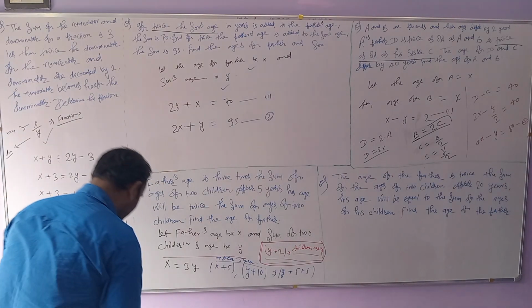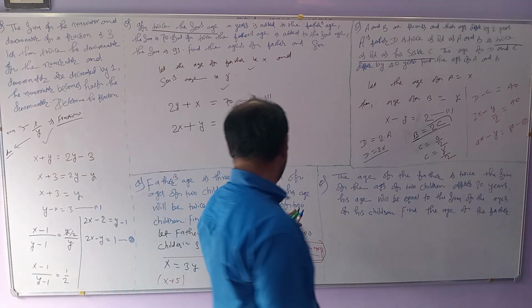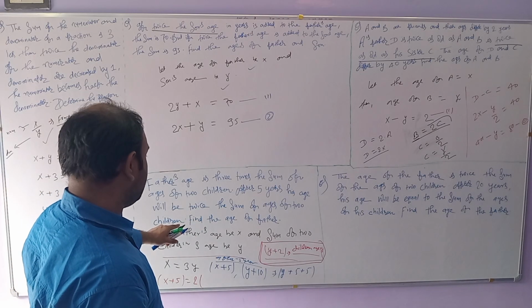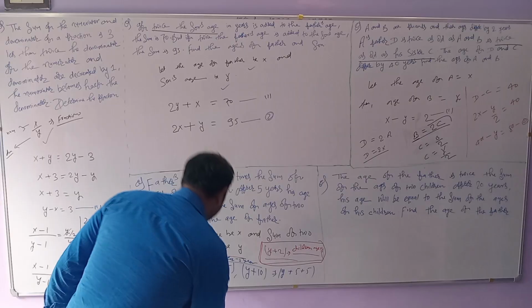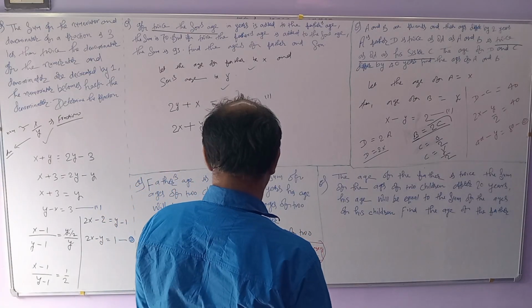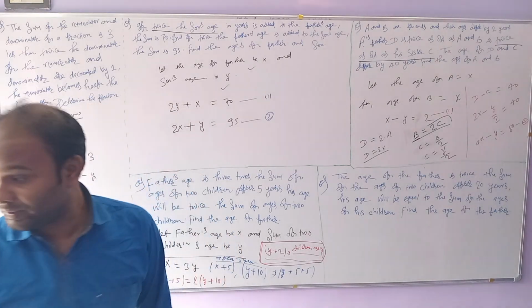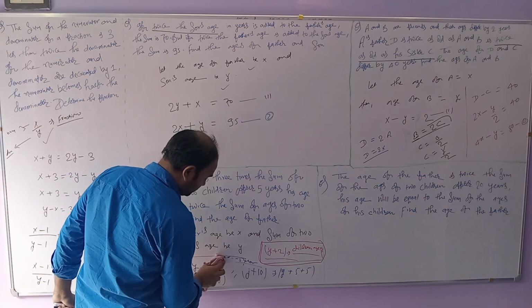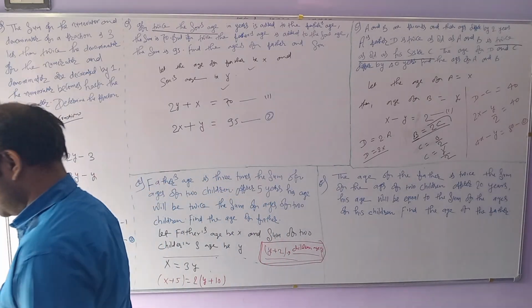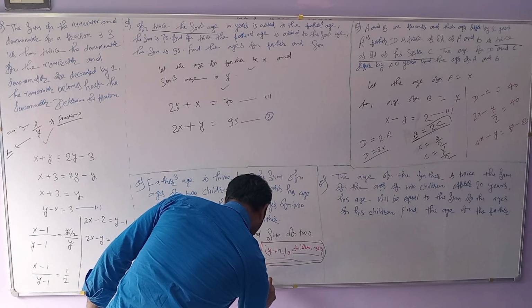After 5 years, that means x plus 5 equals twice the sum of ages of two children, that is 2 times y plus 10. And we get an equation: x plus 5 equals 2y plus 20.